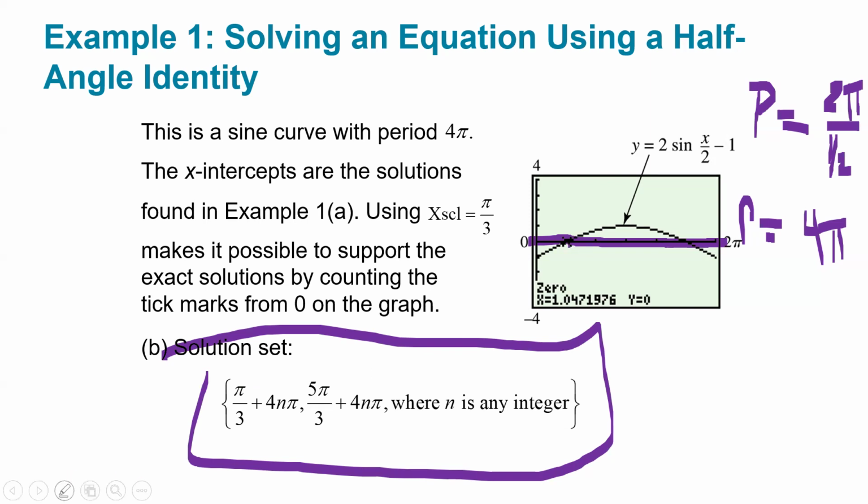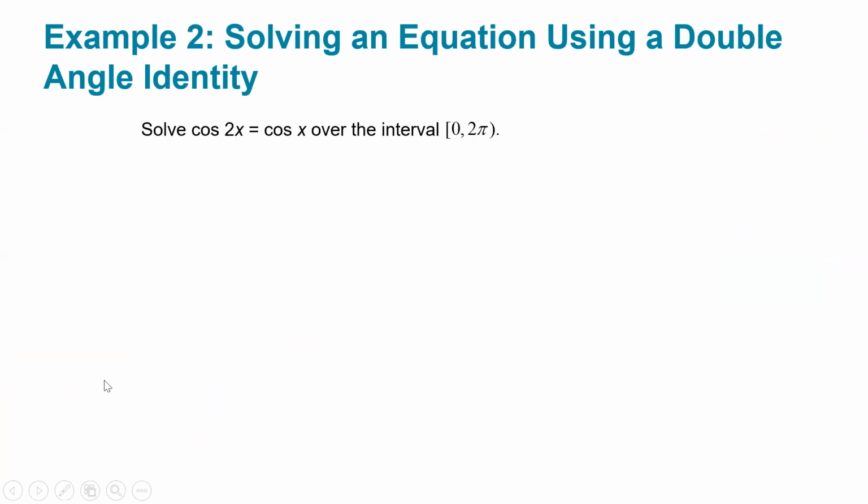All right, so there's that. Example 2 is about using your identities again. Going back to our cosine double angle identity, because it says cosine 2x, from chapter 5, section 5.4. For cosine double angle, there are 3 different identity substitutions.